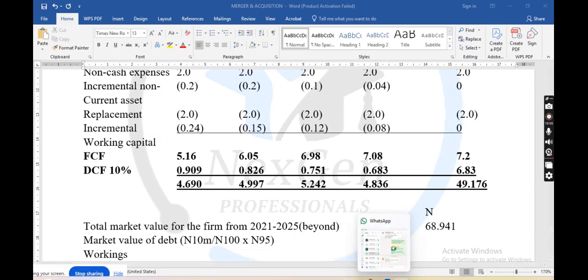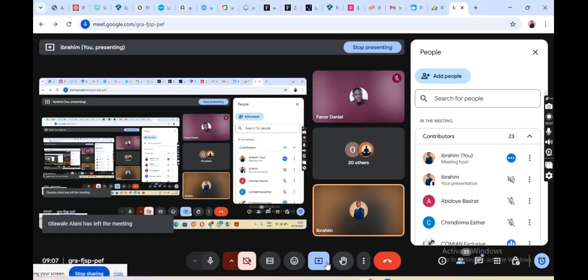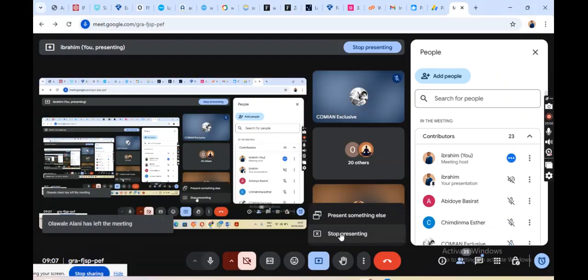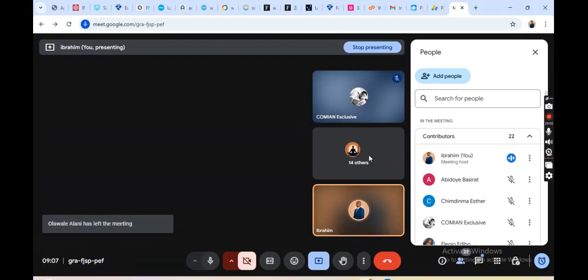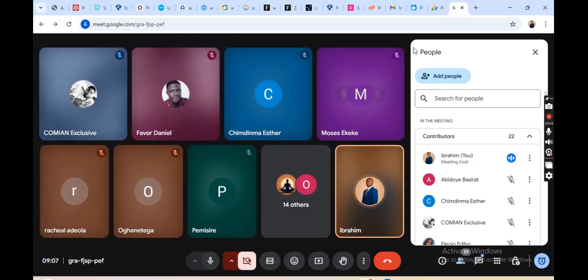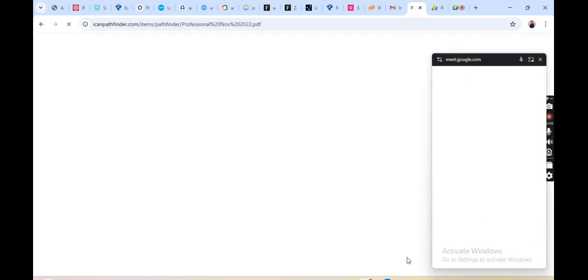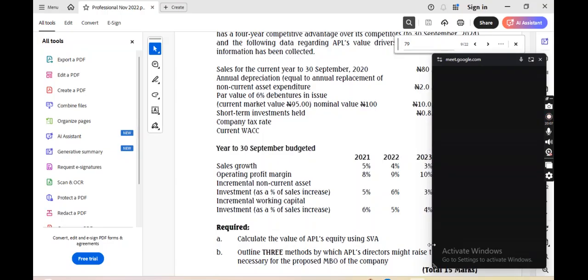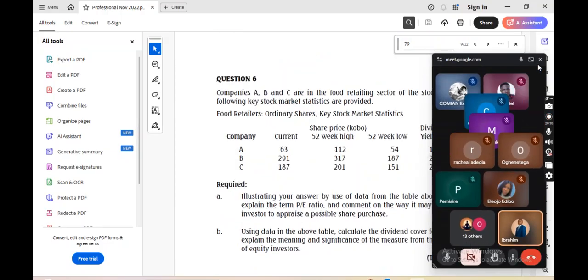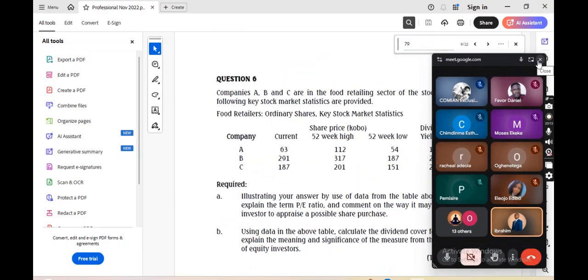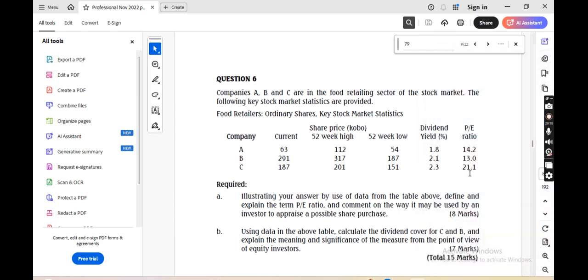What is the market value of debt? It's 9.5. Okay, 9.5.